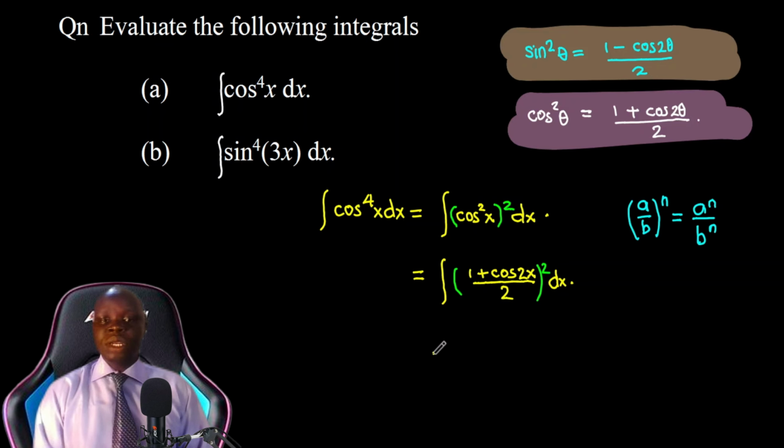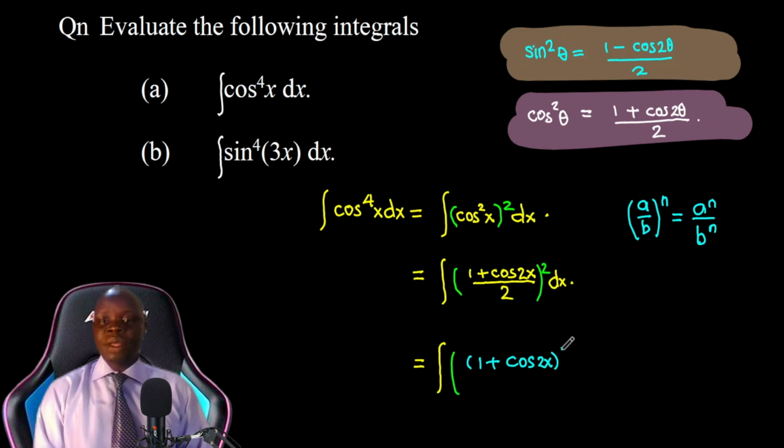Now let's do that in our next step, where we have the integral of, so let's keep on maintaining our bracket. And here it is also a good idea to create a new bracket for the numerator, because it has more than 1 term. So we have 1 plus cosine of 2x, and we close this bracket.